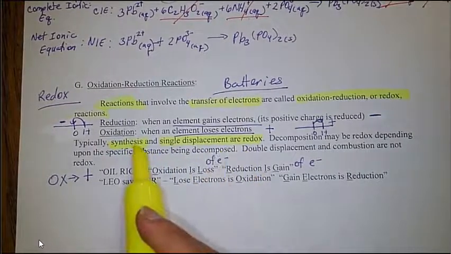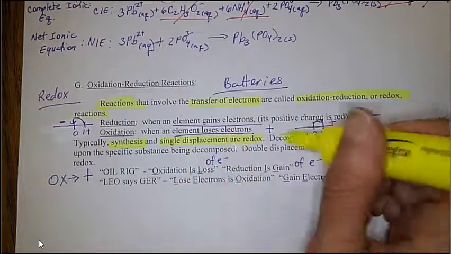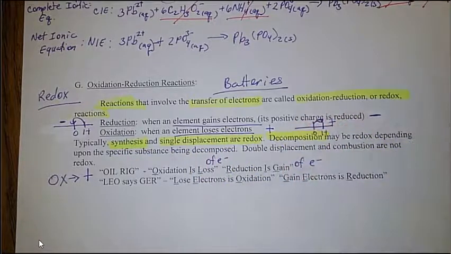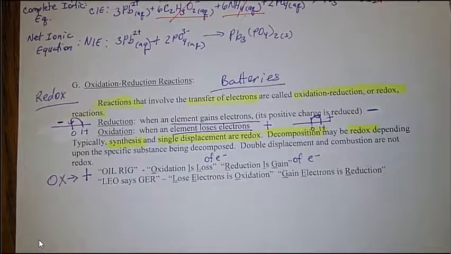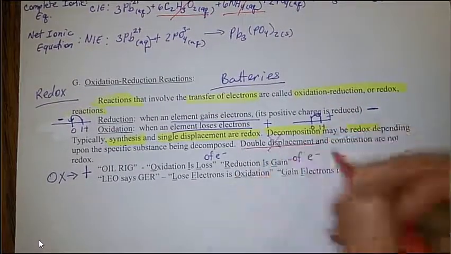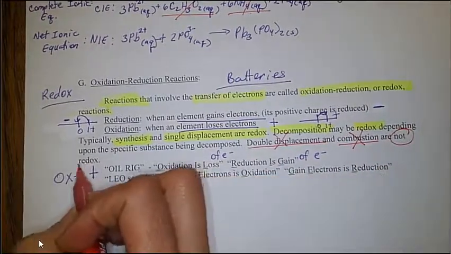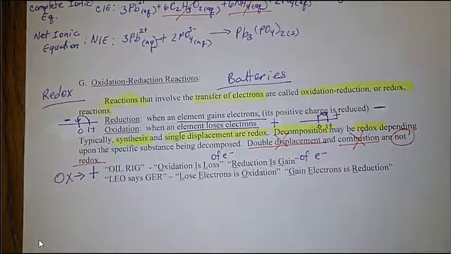So synthesis, single displacement, and even decomposition can be redox reactions. What cannot be redox reactions are double displacement and combustion. Okay, so they cannot be it.